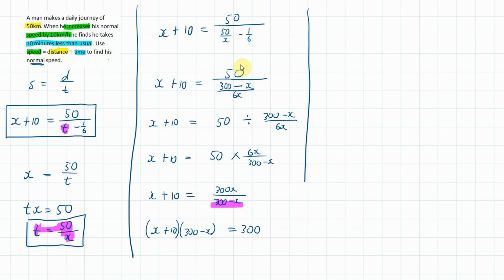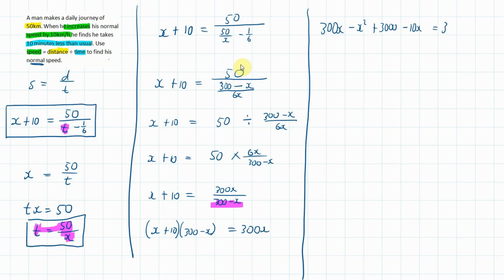See, I told you this was a bit tricky. Now I'm going to expand that left hand side. Using FOIL: firsts give 300x, outers give minus x squared, inners give plus 3000, and lasts give minus 10x, equals 300x.